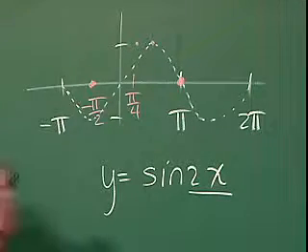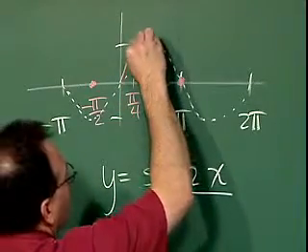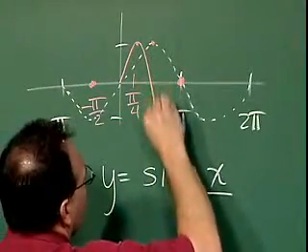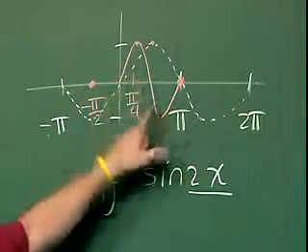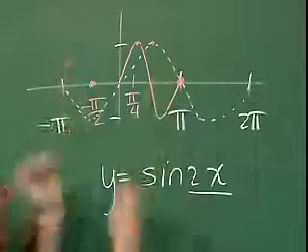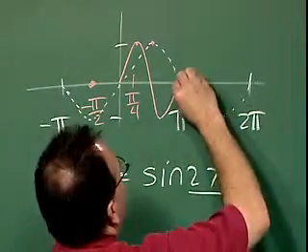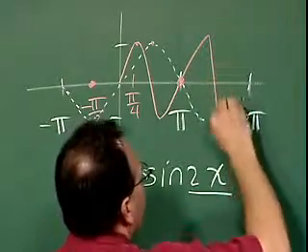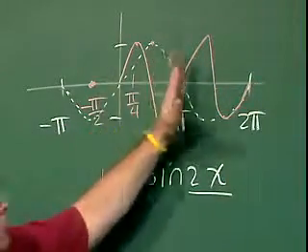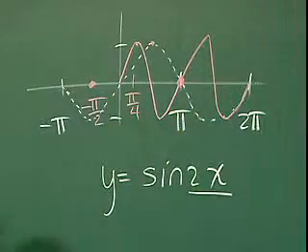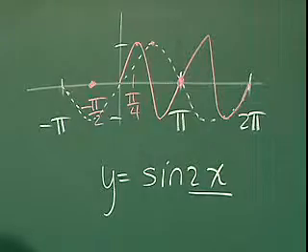So what's going to happen here? We're going to get a graph where we see the entire sine curve happening in half the amount of space. Or another way to look at it is we're going to have 2 complete cycles of the sine curve in the amount of space that we used to have 1.